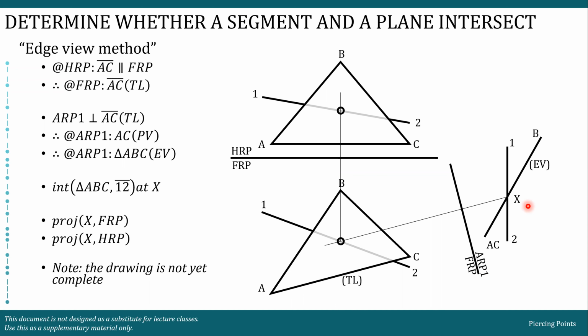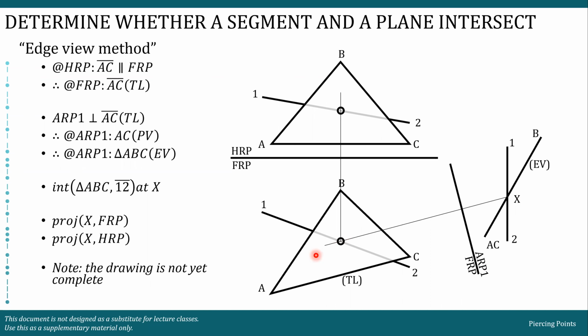Kasi kung intersection siya ng ABC at saka nung 1, 2, ibig sabihin, X is both on the plane and on the line. So, kapag pinroject natin siya pabalik, kailangan nating hanapin yung point in space kung saan masasatisfy yung requirement na dapat si X nandun sa plane at nandun sa line. So, dito natin siya nilagay.